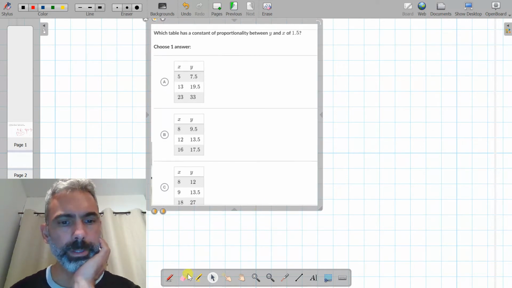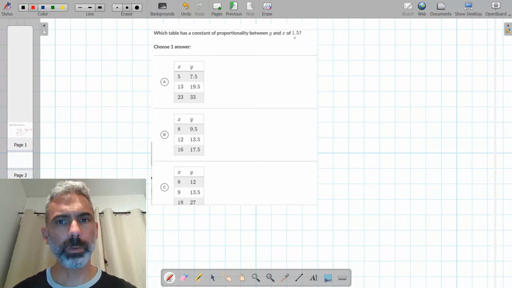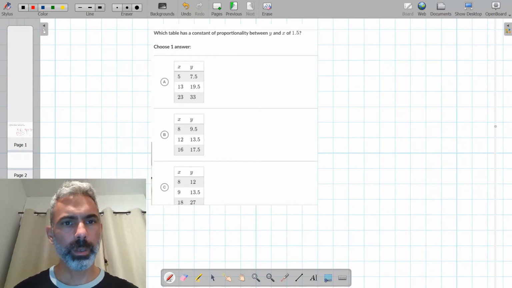Which table has a constant of proportionality between y and x of 1.5? Choose one answer.